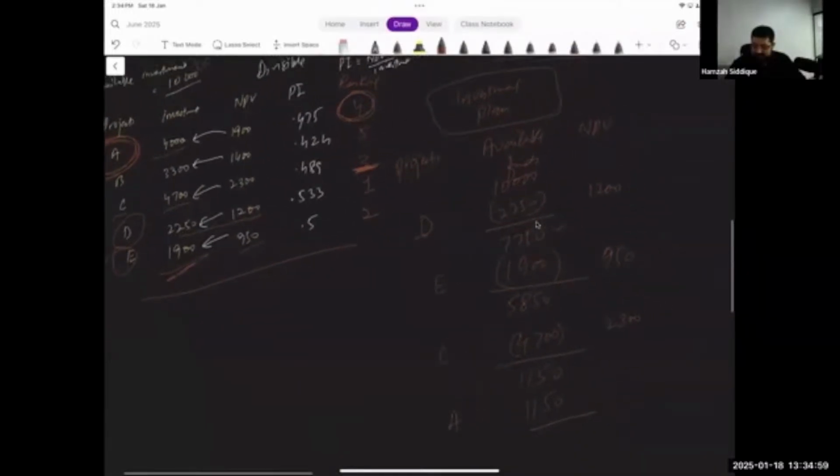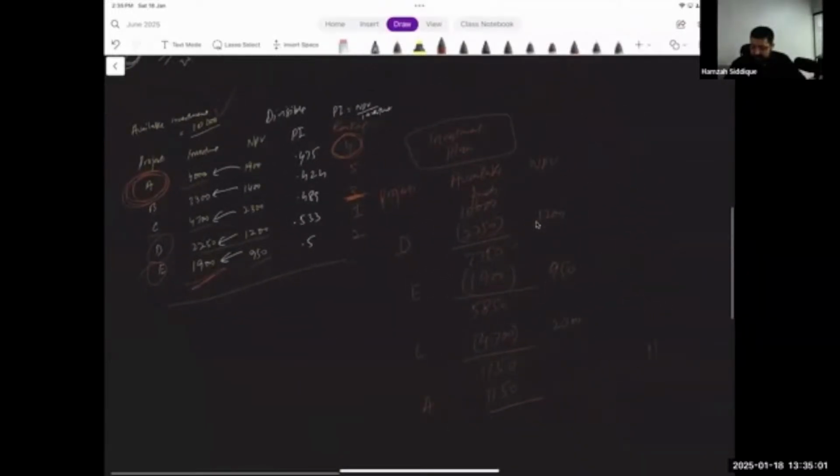So 1,150 divided by the total investment of 4,000, that percentage of investment into the NPV of 1,900 gives 546.